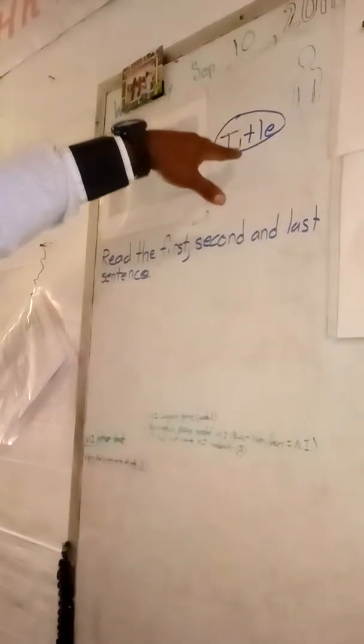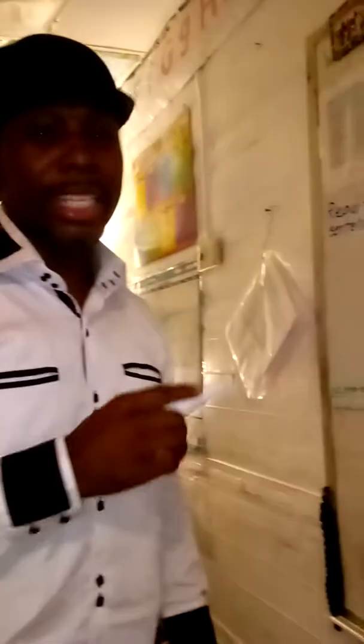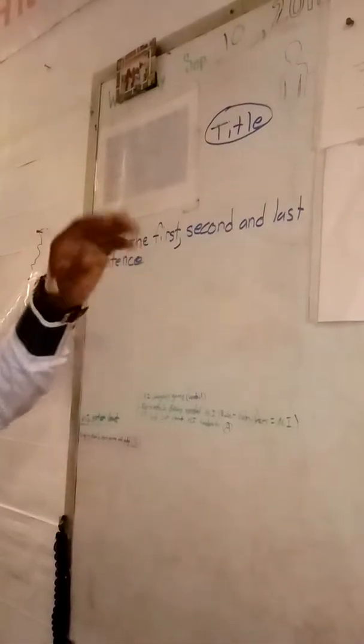Now, after we looked at the picture and we looked at the title, the next thing you're going to do is read the passage. So let's just make believe we read a passage.